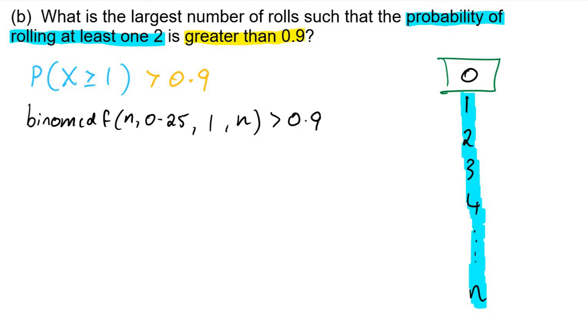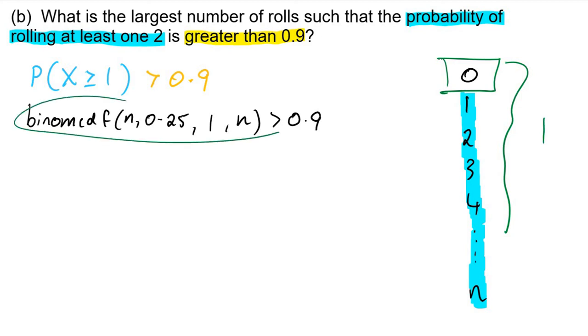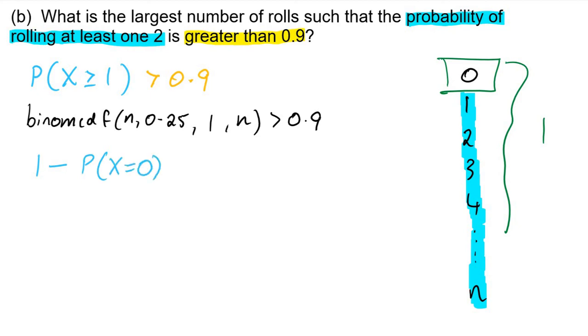The probability of having at least 1 success and having no successes, complementary. So that adds to 1, which means we can rewrite this problematic statement as 1 minus the probability that x is 0 successes. This is quite straightforward to work out.